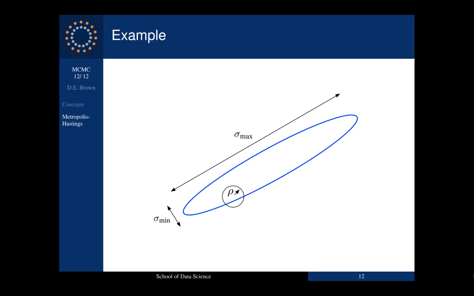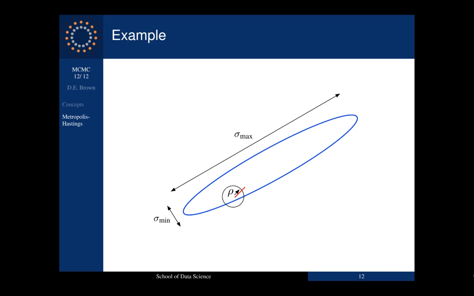And here's the picture. This is what this would look like. So we have a target distribution shown in blue. We've got one contour from a multivariate Gaussian shown in blue. And this gives you a sense of the largest axis, the axis with the largest scale, and the one with the minimum. And clearly, if we use the suggestion, which is to have the scale of the proposal distribution, rho, about the same as the smallest scale for the target distribution, then we'll actually start searching well across the space of the distribution.